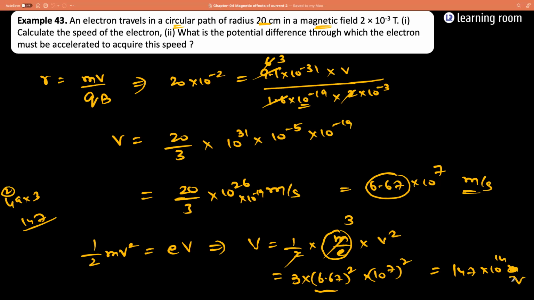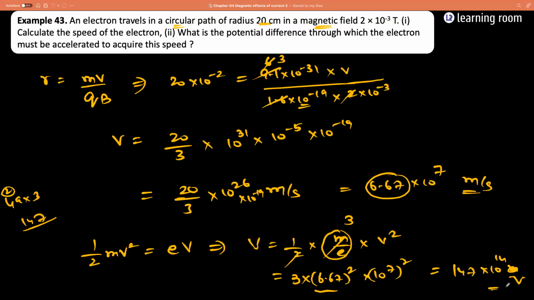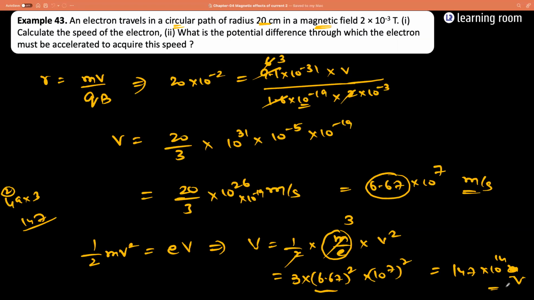No, 6.67. I took it as 7. 7 square is 49. So 49 will be 147 into 10 power 14. Into 10 power 3. Where did the 10 power 3 come from?